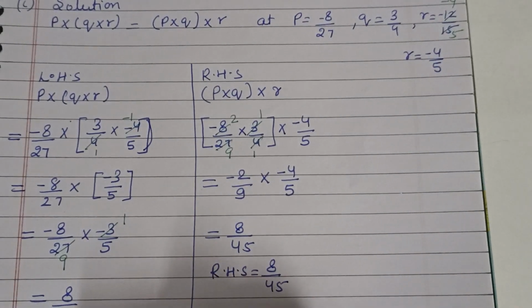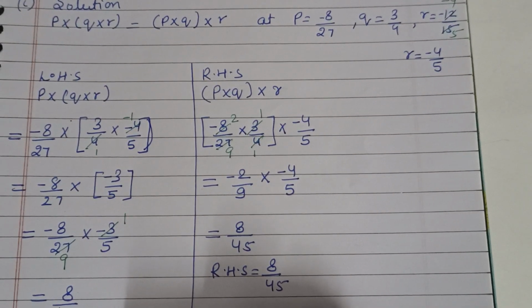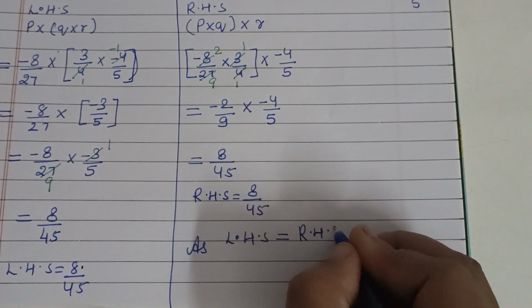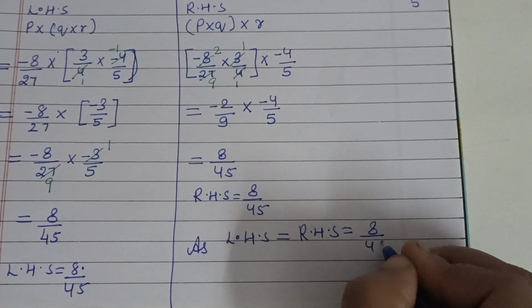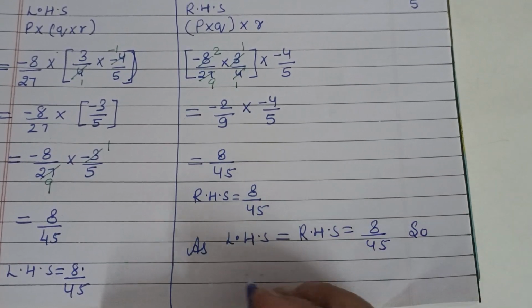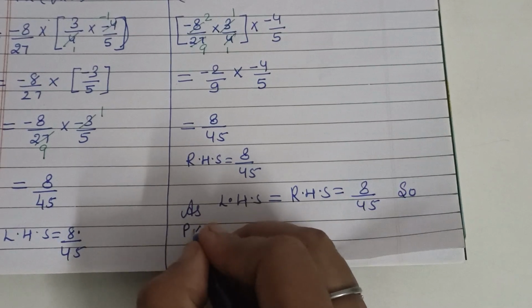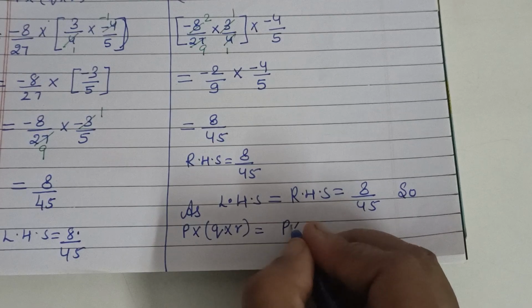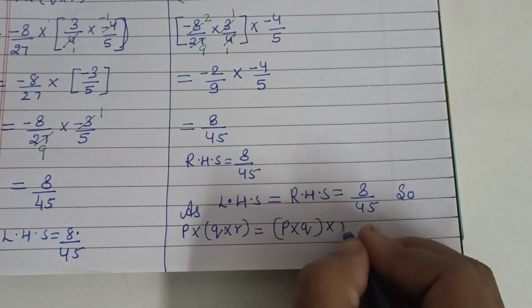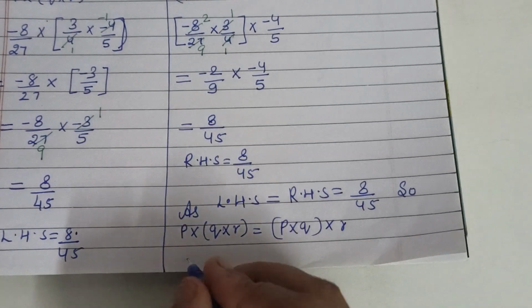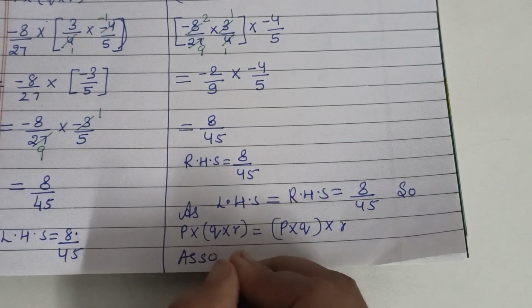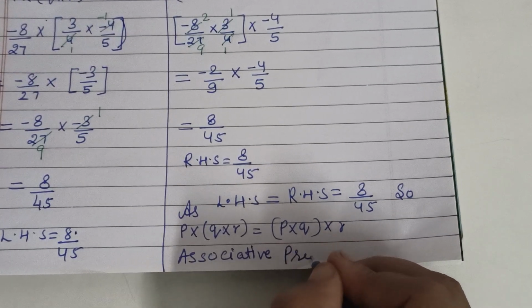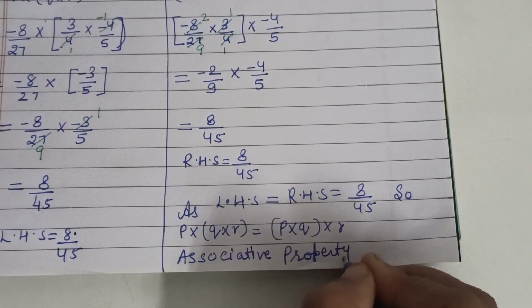As LHS equals RHS equals 8 upon 45, p multiplied by bracket q multiplied by r is equal to bracket p multiplied by q multiplied by r. Which property is it? I guess all remembered. Associative property, as more than two rational numbers are here to multiply.